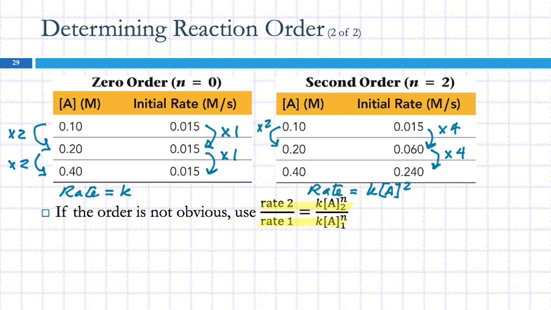And let me show you where that comes from. So the rate is equal to the rate constant times the concentration raised to the n power. That is true for any concentration. So what we can do here is we can take this and we can divide it essentially by itself.